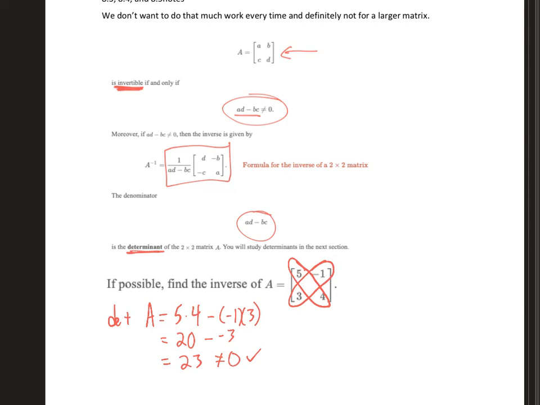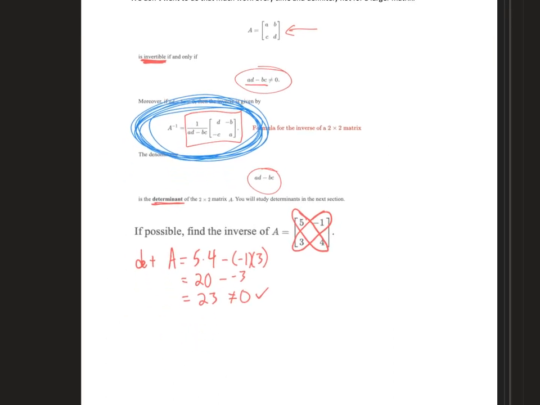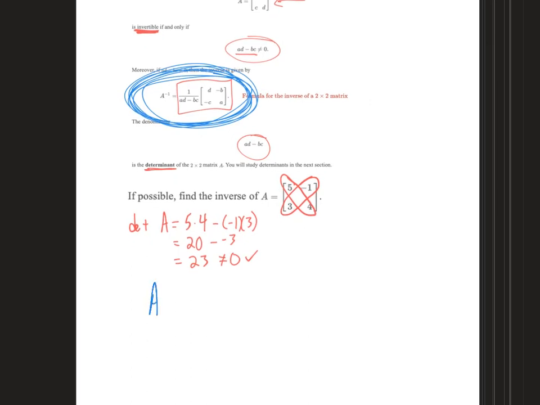So now, I'm going back to this formula to find that inverse. The inverse of A equals 1 over the determinant, so 1 over 23, times, and notice I'm switching things around. A and D switch spots, so that's the 5 and the 4, so I've got a 4, then a 5.